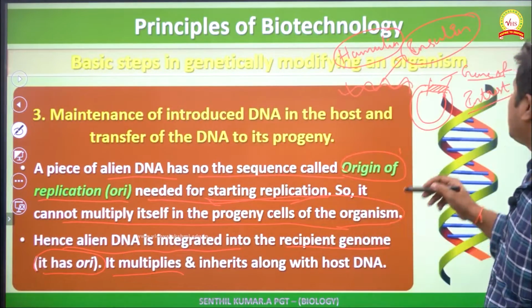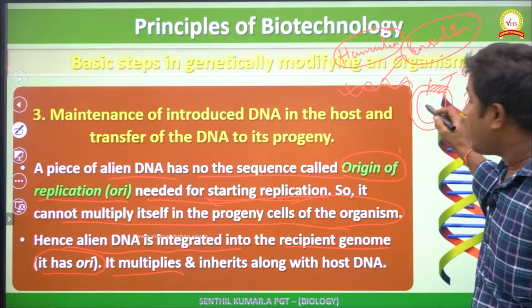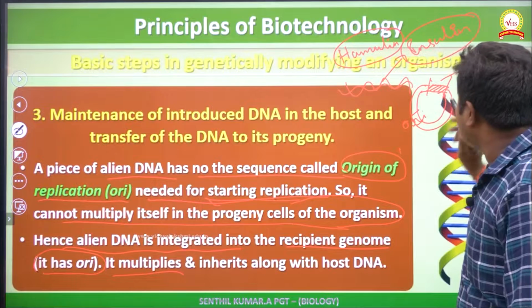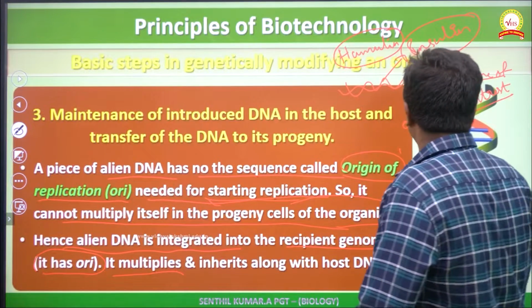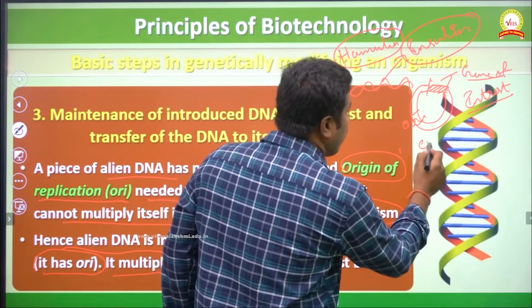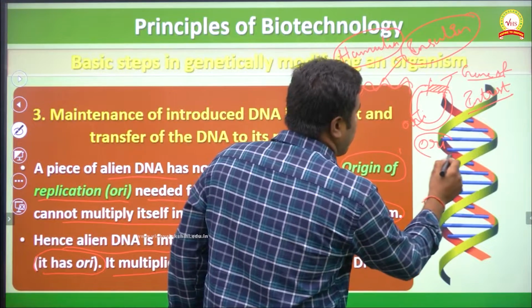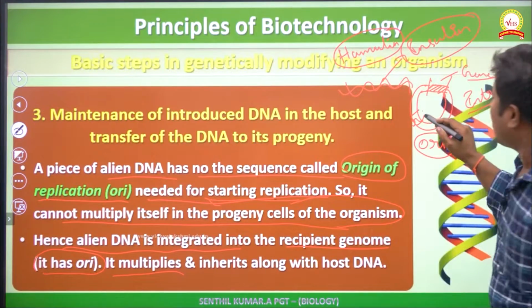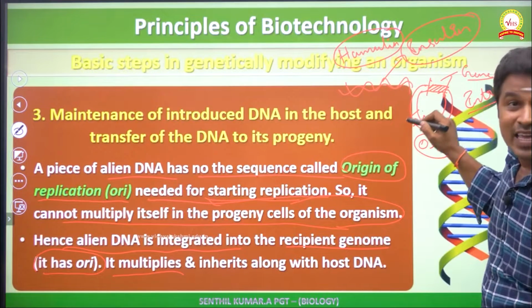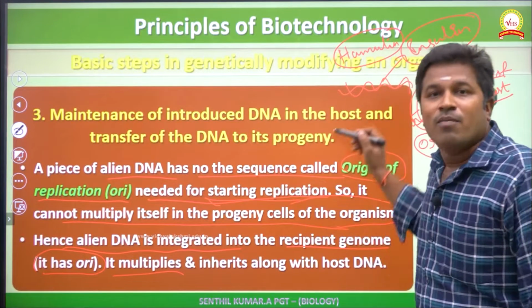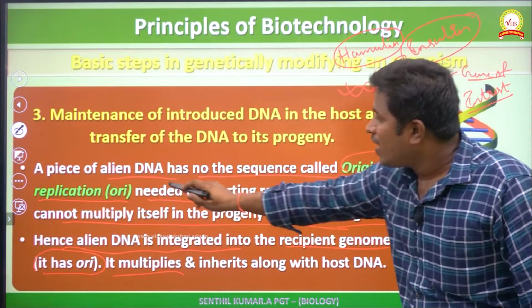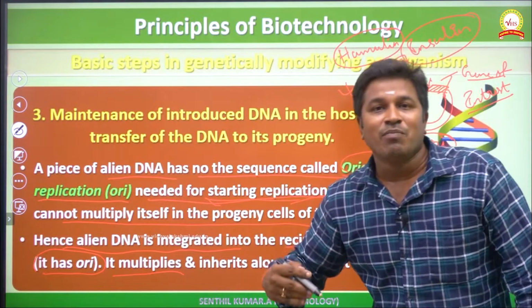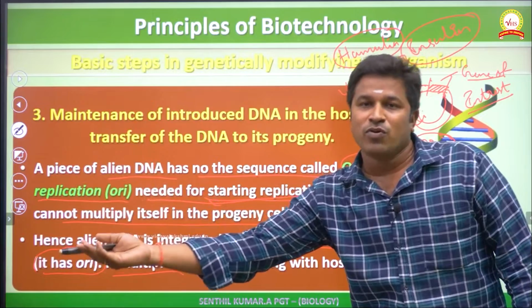Here, the plasmid vector has an ORI, the origin of replication region. The origin of replication region exists in the plasmid vector where the gene of interest has been inserted, so then it can be transferred to the next progeny.